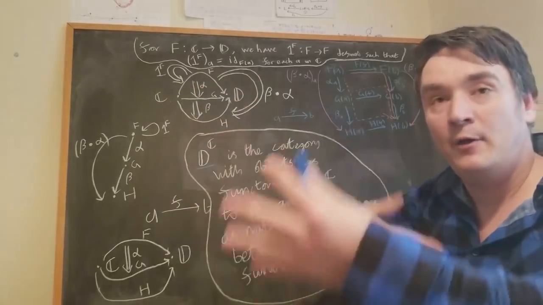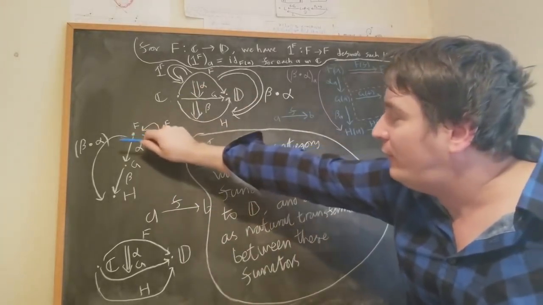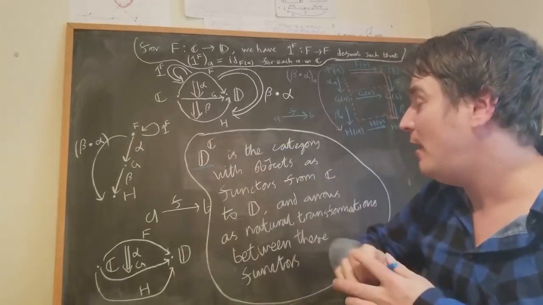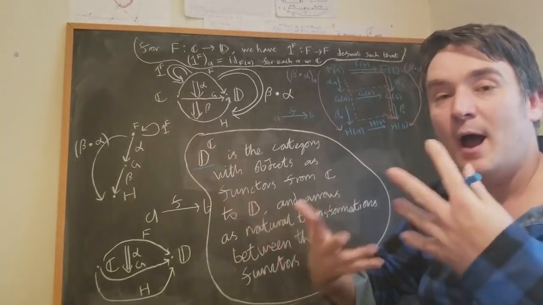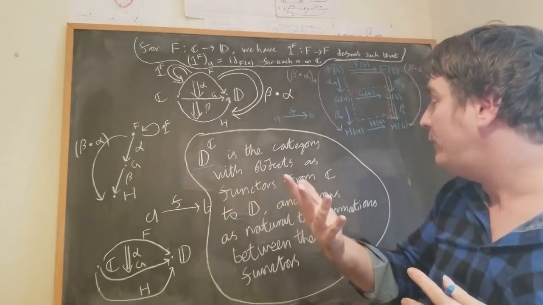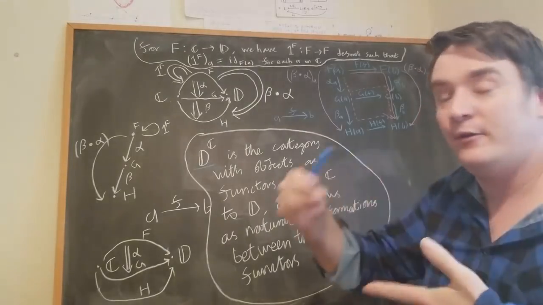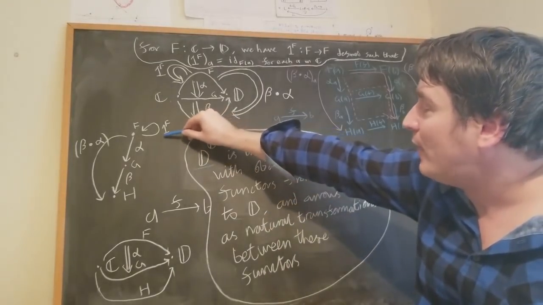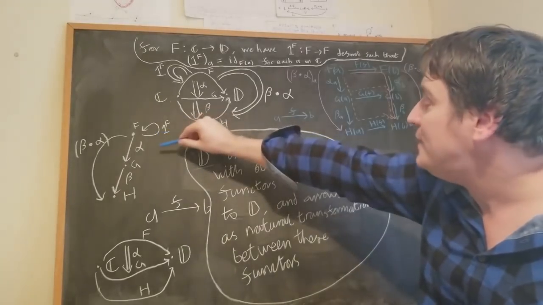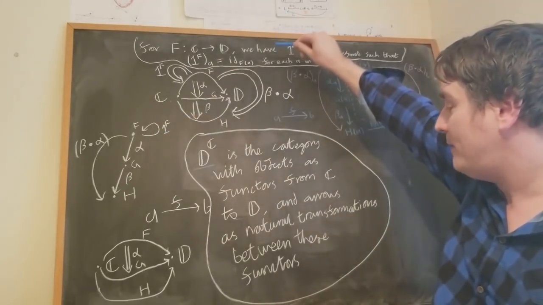And the way that we compose these arrows is this vertical composition of natural transformations, which I have defined. And as identity arrows, we have these identity natural transformations as defined up here.